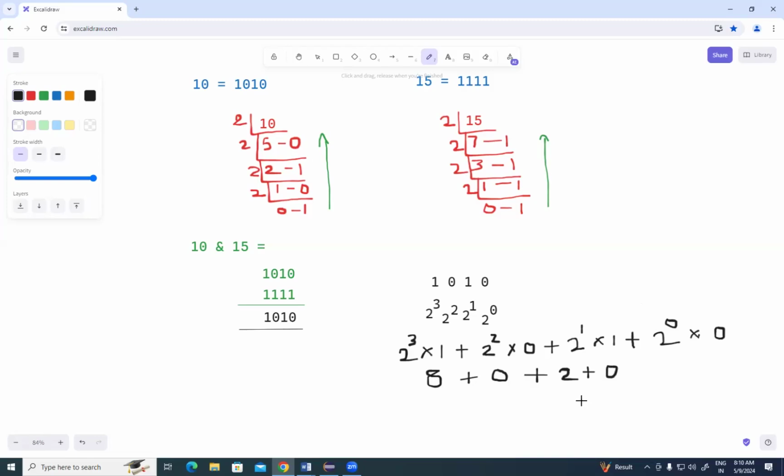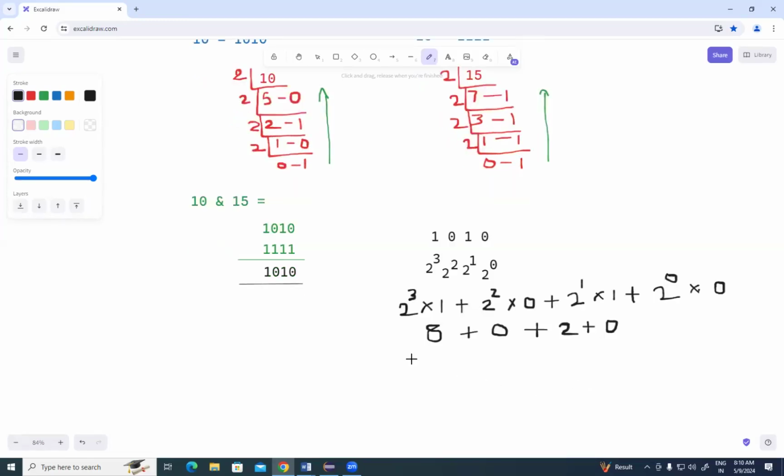Online people, did you get my point? Now tell me, it's equivalent to how much? 8 plus 0 plus 2 plus 0 is how much? 10. Folks, tell me, what is the result of 10 and 15? 10. Am I clear? So this is called which operator?